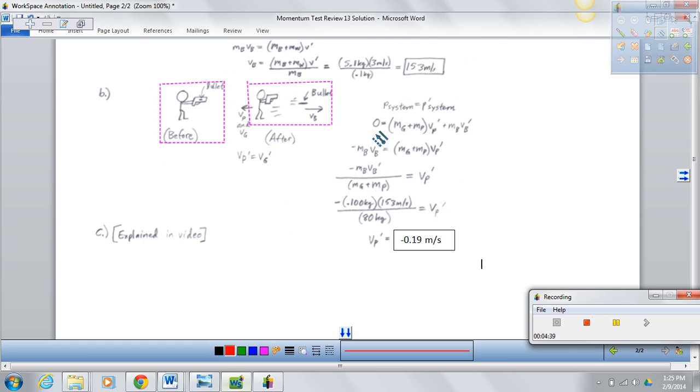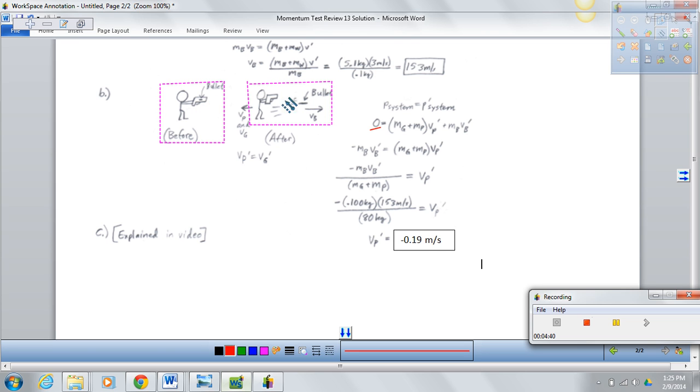Nothing's moving. That means my momentum afterwards, the momentum of the bullet this way and the momentum of the gun and person that way, have to add back up to 0 because momentum for this system is conserved. That's really the answer to C: they have to go backwards if the bullet goes forward, if the system of bullet, person, and gun started with no momentum.